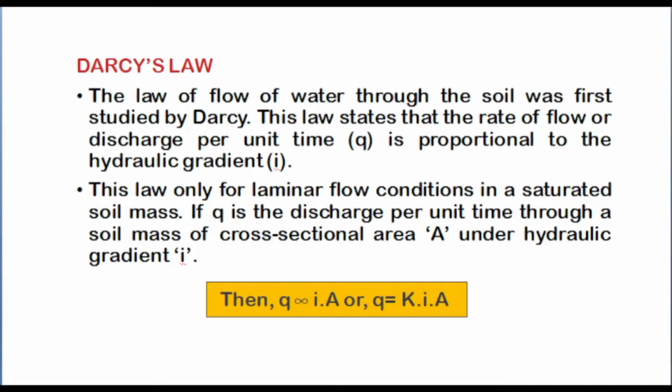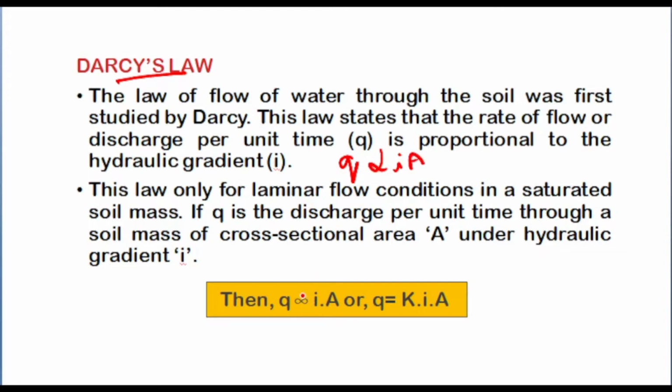So it was Darcy who first studied permeability of soils, and based on that he stated something which is called Darcy's law. It states that the rate of flow or discharge per unit time is proportional to the hydraulic gradient I. Q is proportional to I into A. Okay.